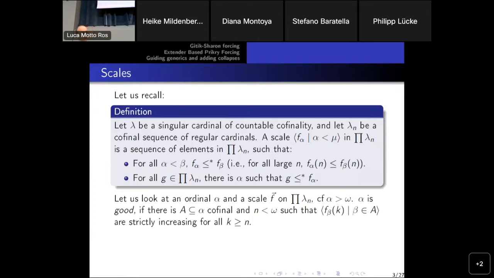We say that alpha is good, or maybe flat would be a better name, if there is a cofinal subset of alpha such that on this cofinal set, the f betas are not only weakly increasing in the sense that each one of them is larger than the other on a tail, but you know exactly which tail it is. So there is a fixed natural number n such that above n, those f betas are increasing.